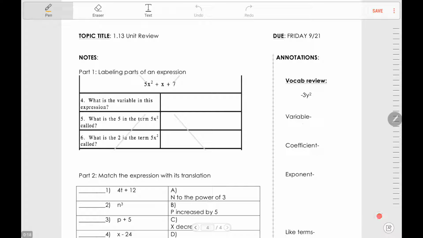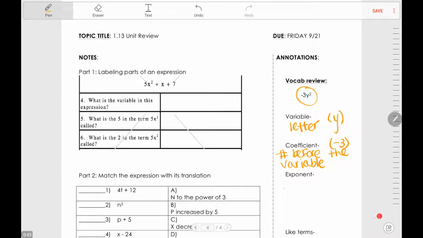So the variable is a letter. In this example right here, our variable is y. Our coefficient is the number before the variable, and in this case, that's a -3.